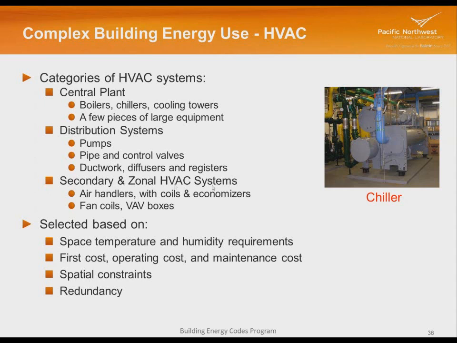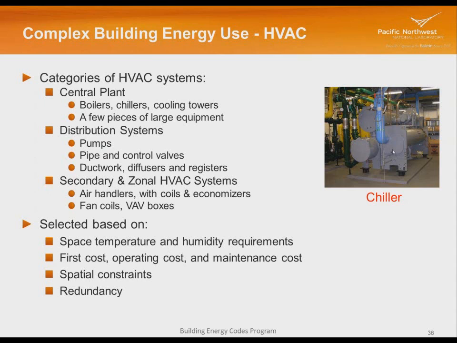And then we have secondary and zonal HVAC systems. That would include air handlers with coils and economizers. We might have fan coils, which are more zonal systems, and larger secondary systems. We might have VAV boxes that work in conjunction with a secondary system at the zone level. These are selected based on the space temperature and humidity requirements of the building. Again, a load calculation is done for the chiller.